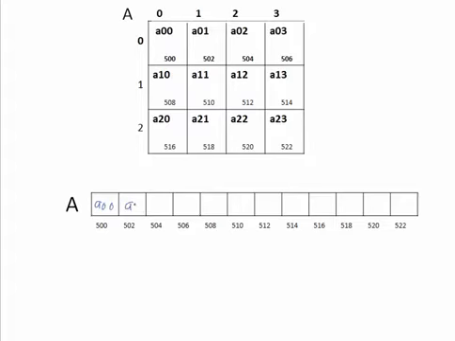Then A01, 02 and 03. This is the first row. The next is 10, 11, 12, 13. This is the second row. So the elements will be filled row by row in row major mapping. The compiler maps this two-dimensional array onto this single dimension array.